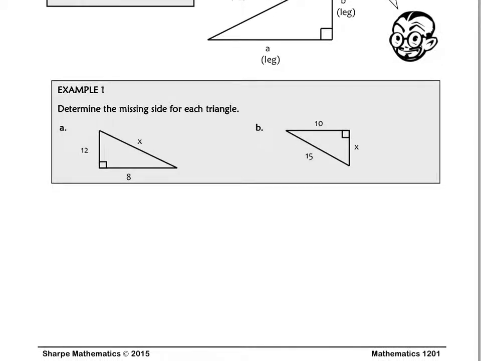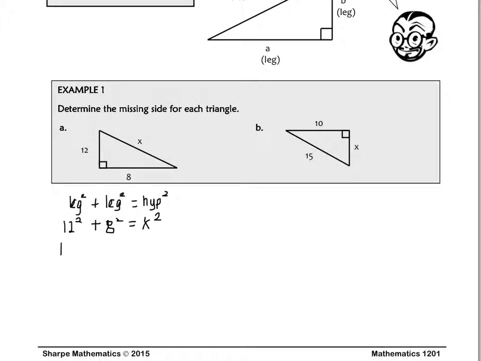So if we use our formula, leg squared plus leg squared equals hypotenuse squared, we have the two legs are 12 and 8, so 12 squared plus 8 squared equals x squared.